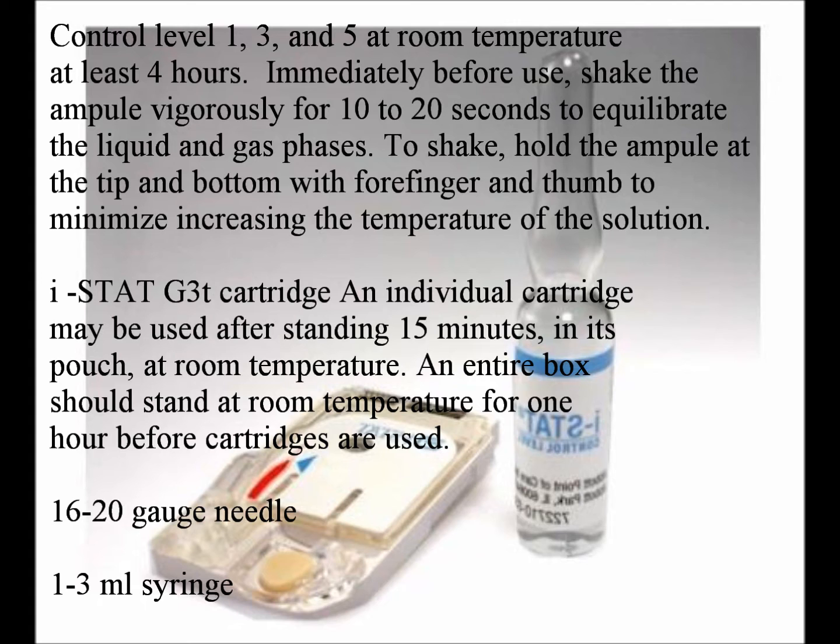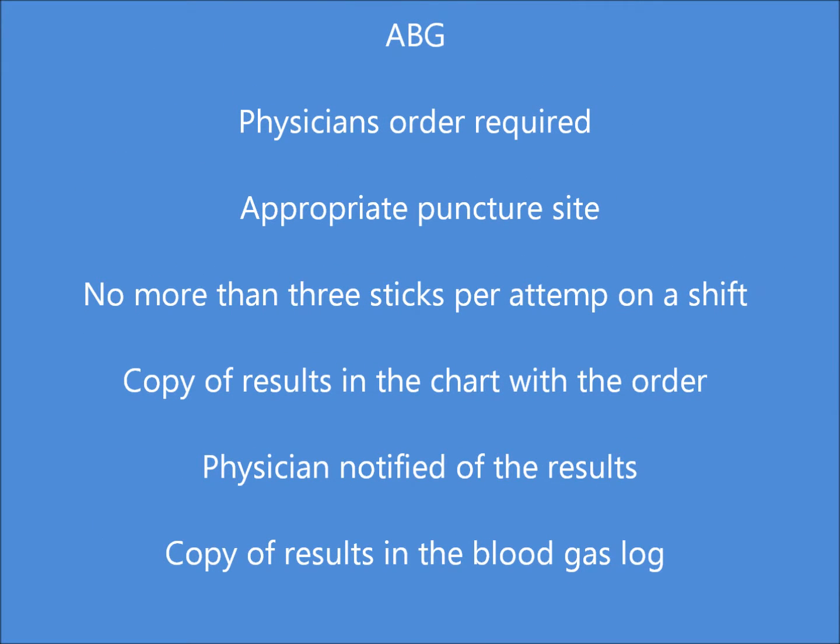Now that we know that the device is functioning properly, it is ready to use on the patient. Remember, before you perform a blood gas, a physician's order is required. It is also important that you assess for the appropriate puncture site and that you perform no more than 3 sticks per attempt on a shift.